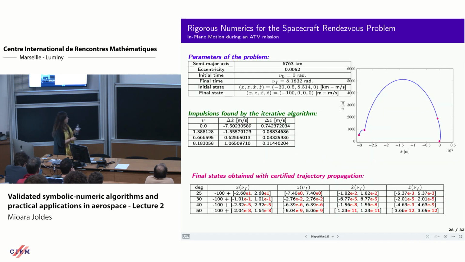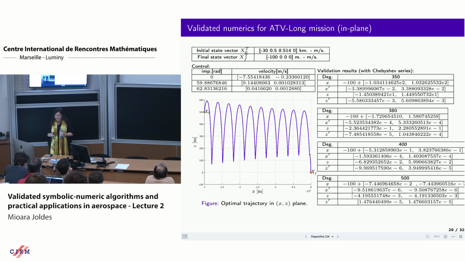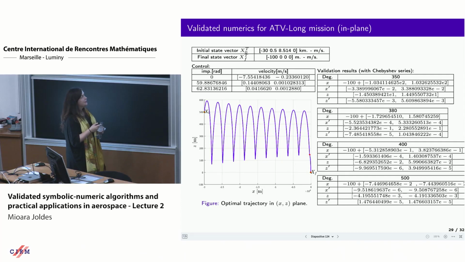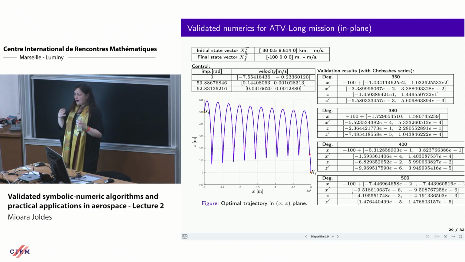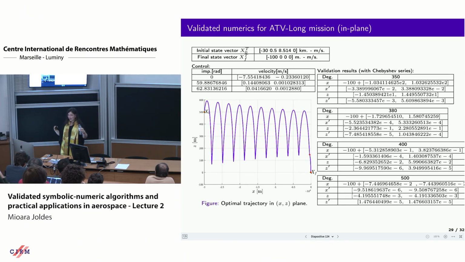These are some numerical results to give an idea of how it works. And if we take a more complicated example, like here we have a long ATV mission, you see that it's a quite oscillatory trajectory, and still we can get good bounds, but we have to go to high degrees in the Chebyshev series to get one approximation on the whole time.